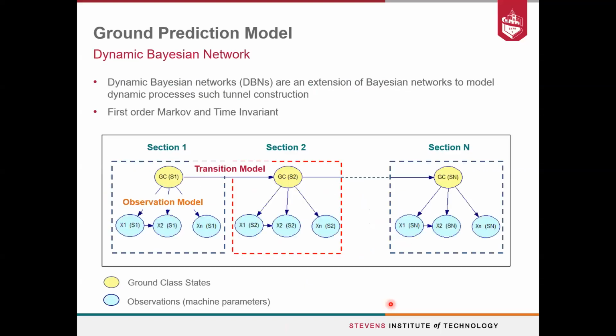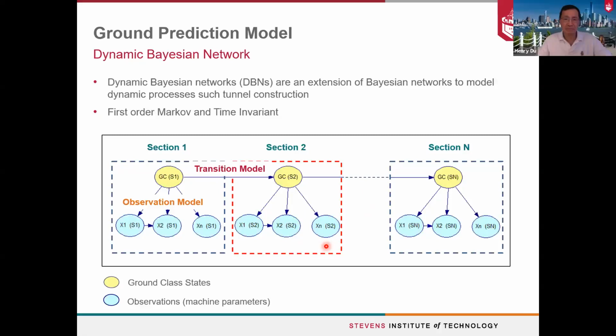Now, Bayesian networks that model sequences of variables are called dynamic Bayesian networks. And this dynamic Bayesian network that you see here is also the typical structure of our ground prediction model. The process that you're trying to model is normally divided into slices that can be time steps, or in the case of our tunnels, sections.